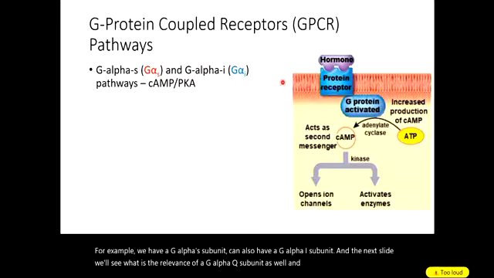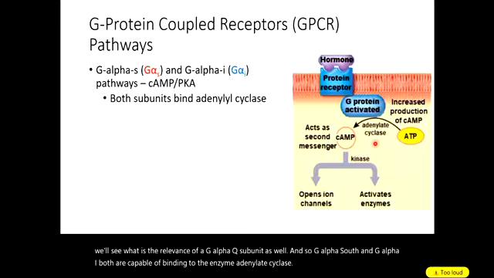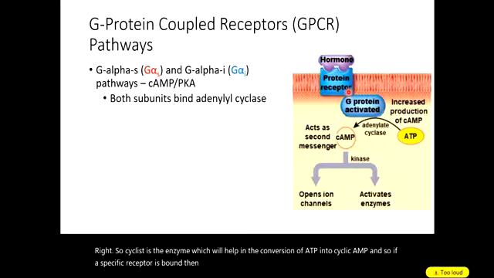G alpha S and G alpha I are both capable of binding to the enzyme adenylyl cyclase, which helps in the conversion of ATP into cyclic AMP. If a specific receptor is bound, then G alpha S is released. In another case, G alpha I may be released depending on the different type of receptor.